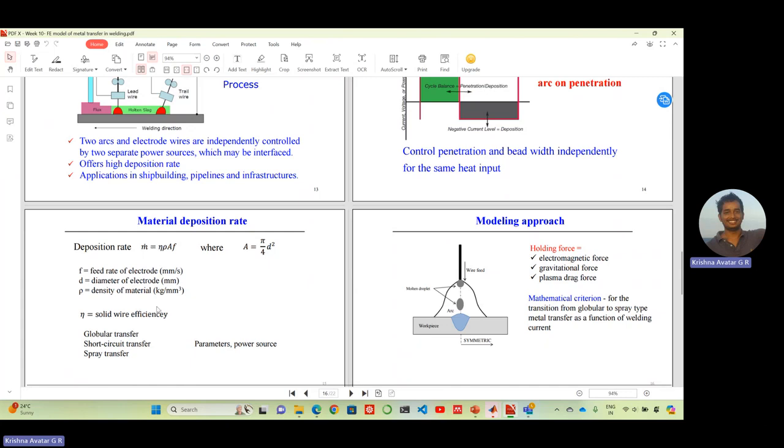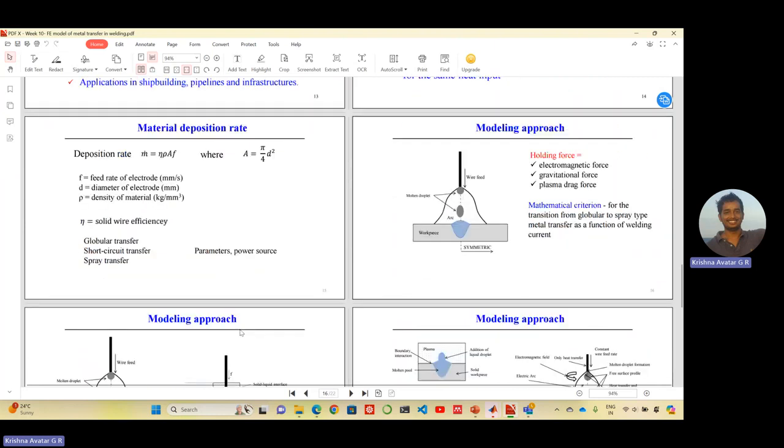That m dot gives us the metal deposition rate for that welding process. As we know, there are three different ways: globular transfer, short circuit transfer, and spray transfer. And the parameters of the power source also affect this welding process.